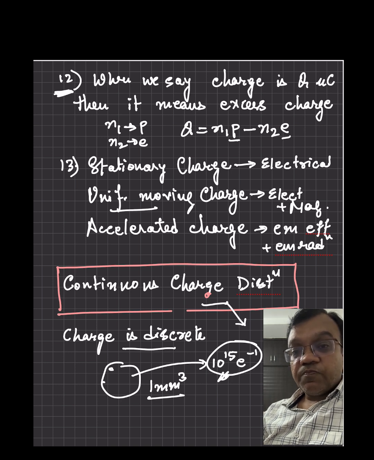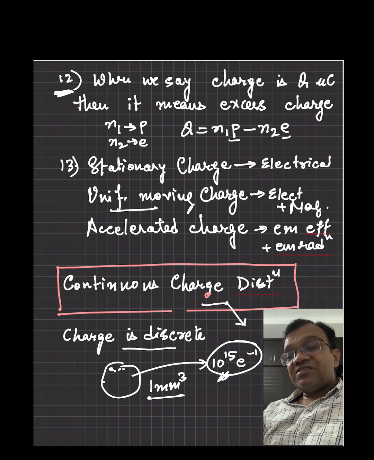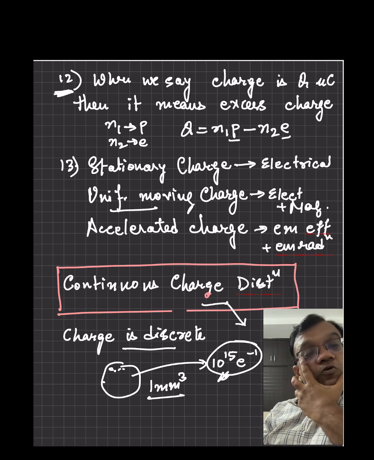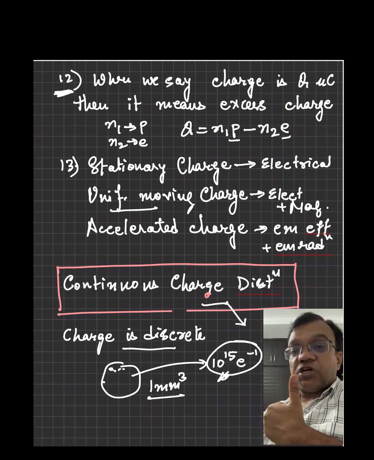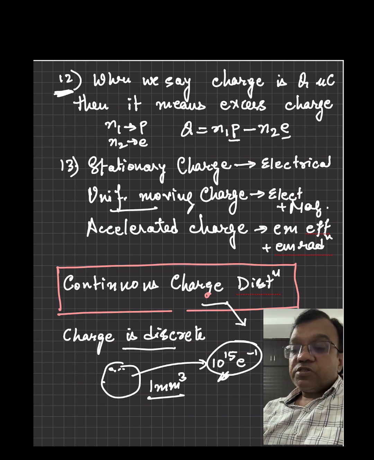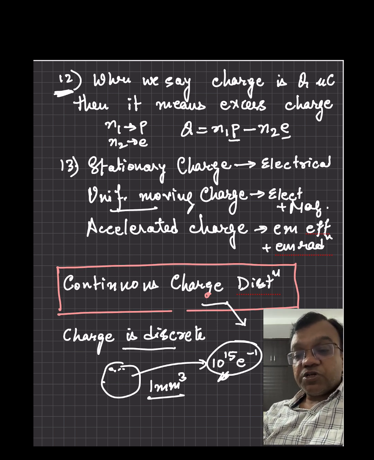We cannot say one electron was removed from here, one from there, not like that. So in such a situation, we can ignore the discrete nature of the charge and say charge is continuous. So the basic concept behind the continuous charge distribution is this.